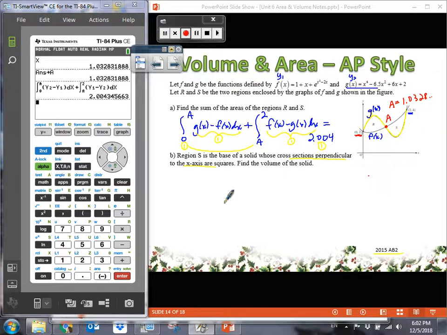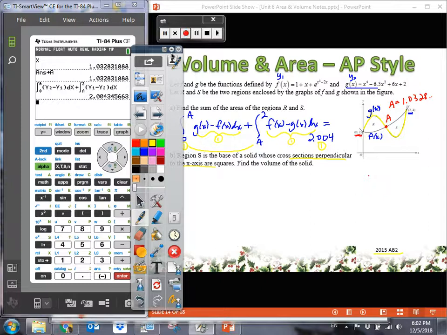Okay, that means our integral needs to be with x's. And it's region S. So let's focus on this region over here. So S. And we're perpendicular to the x-axis. So this is where our, and it's a square. This is where our square is going to sit, right here. One side of the square is going to be right here.